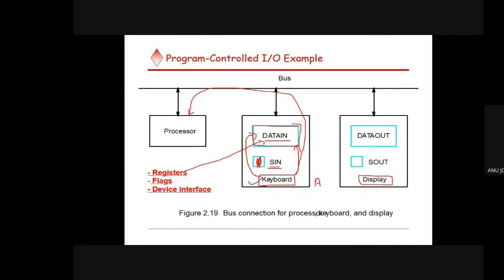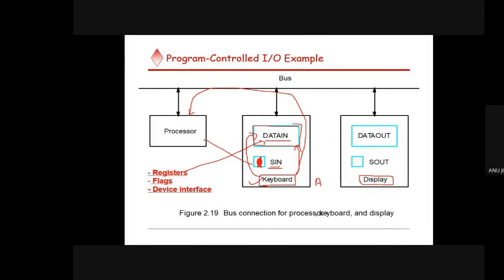SIN is the flag associated with the input device. So instead of checking whether the data in register is full, the processor directly checks the status of the SIN flag.